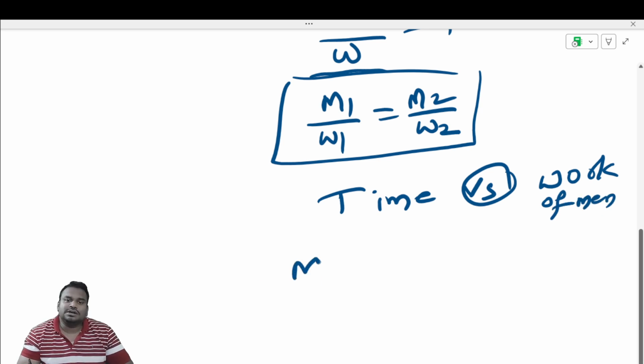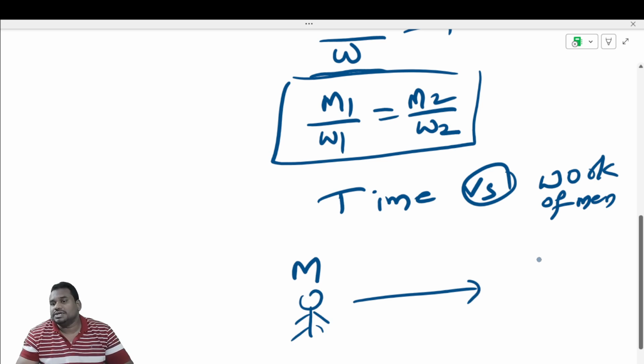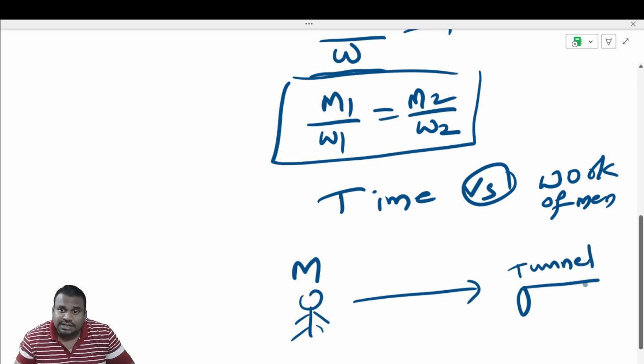Suppose there are some number of men, and suppose there is a guy. When this guy is asked to dig a tunnel, he is taking some 5 hours of time.